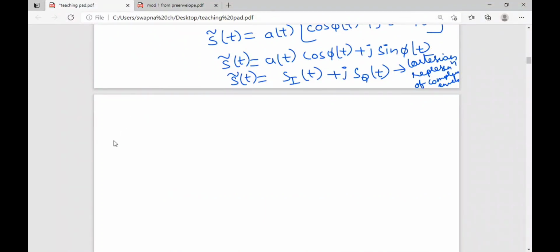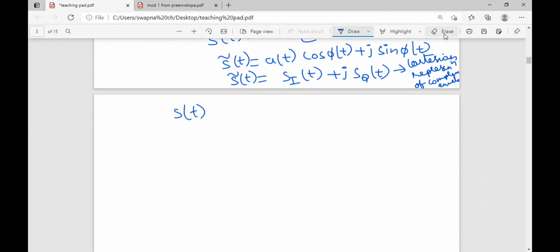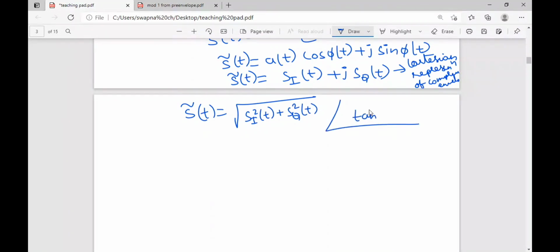Okay, but what do we want for S of t? Let us again represent this in the angle and magnitude form as S tilde of t. From this also we can write it in the angle and magnitude form as the square root of Si square of t plus SQ square of t. This is the magnitude at an angle of tan inverse of SQ of t, the imaginary part, by Si of t, the real part.